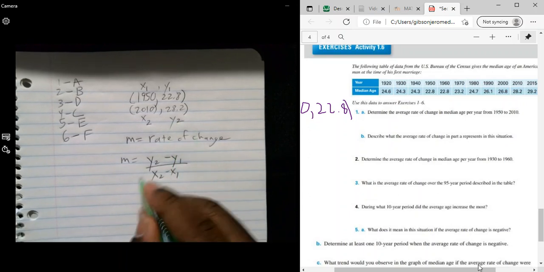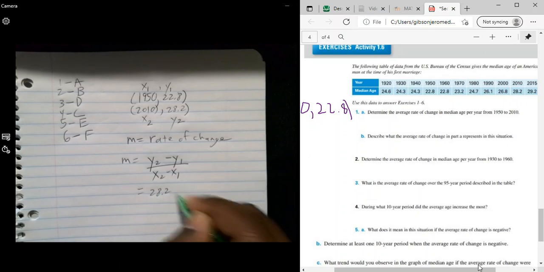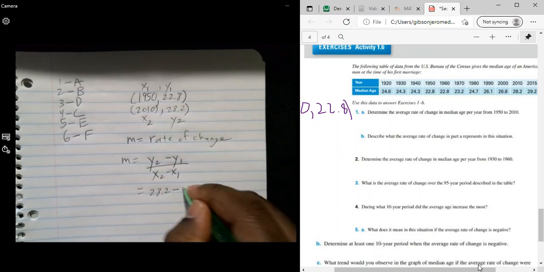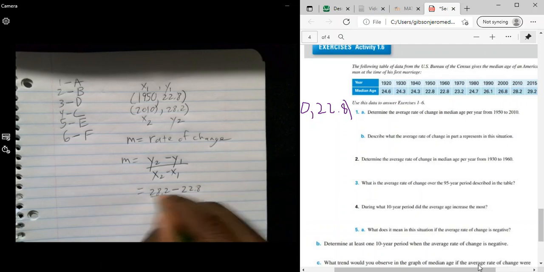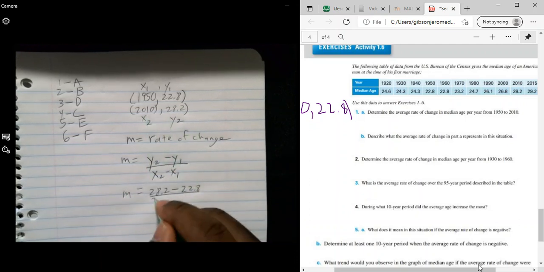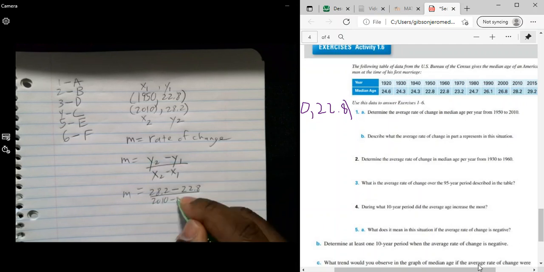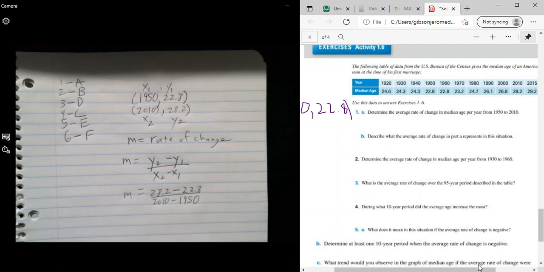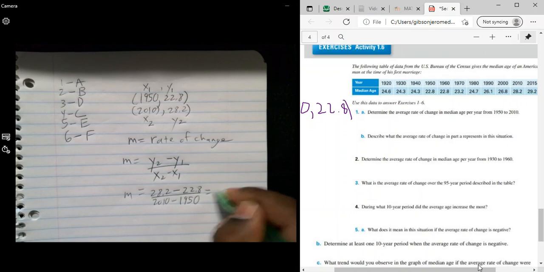Y sub 2 is 28.2 minus y sub 1, which is 22.8, divided by x sub 2, which is 2010, minus x sub 1, which is 1950. So we will have 5.4 divided by 60.